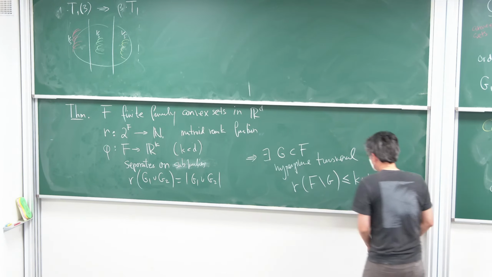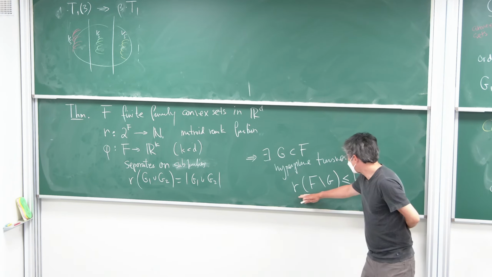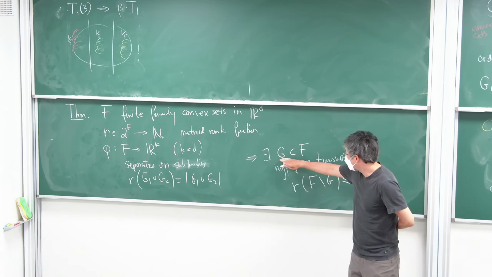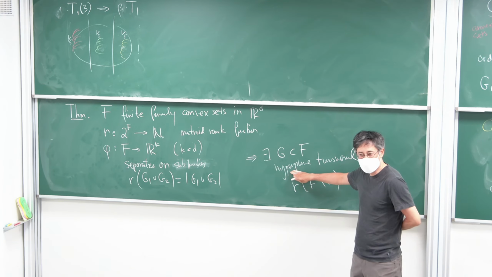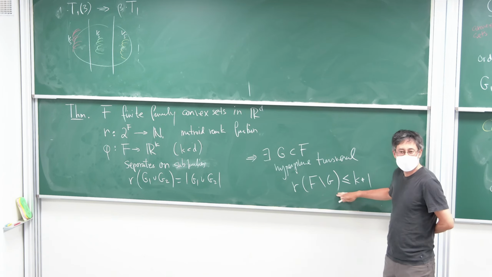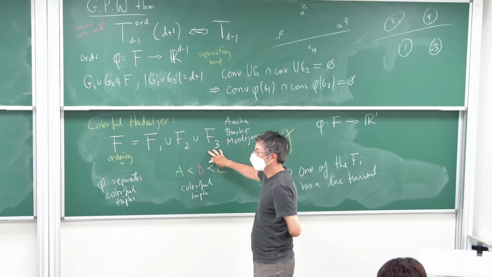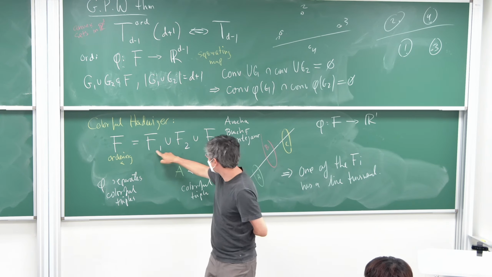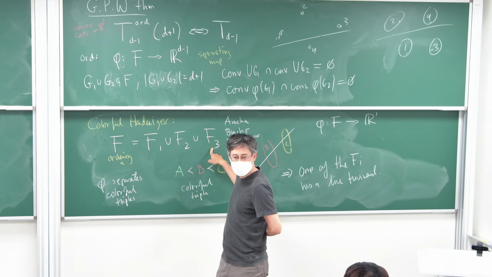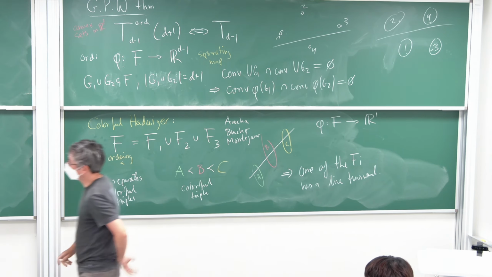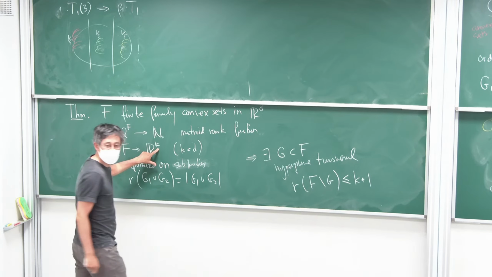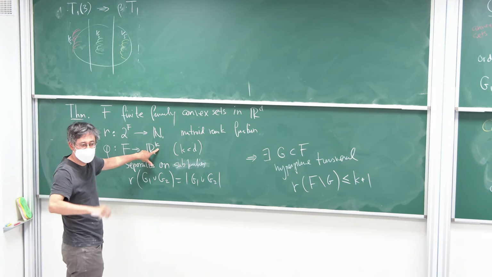The conclusion says that there is a subfamily that has a hyperplane transversal and it's large, measured by the matroid. And how large is it? Well, let's plug it in. If I have 3 families, I have a partition matroid of rank 3. I'm mapping into k equals 1, because I'm giving a linear ordering.